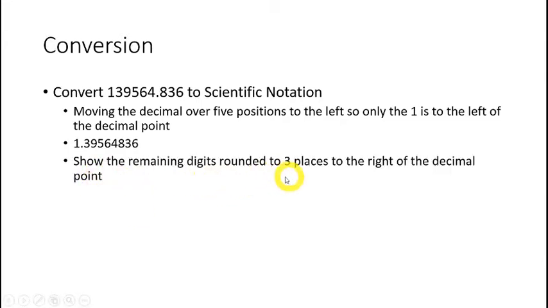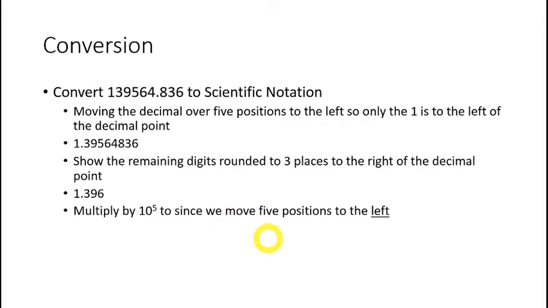So we're going to round those to the 3 places, and like I said, because we have a 6 at our 4th position, we need to round that 5 up to a 6. And now we need to multiply. We moved 5 positions to the left, so we need to multiply by 10 to the 5th. The other way to think of that is a 1 with 5 zeros behind it.